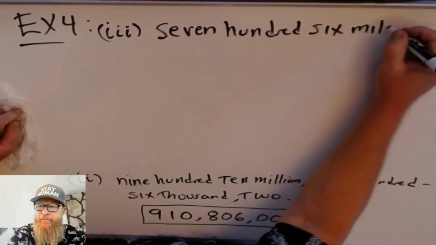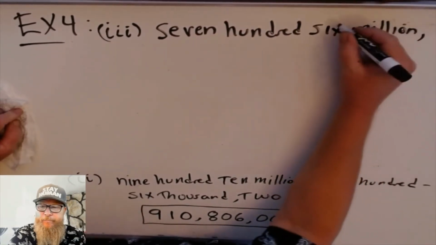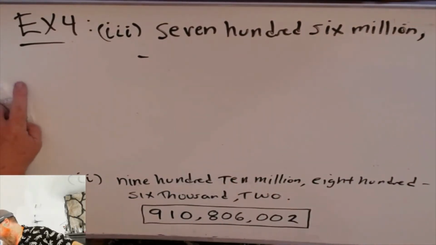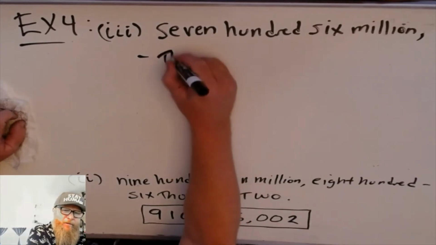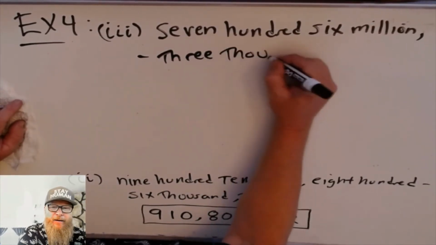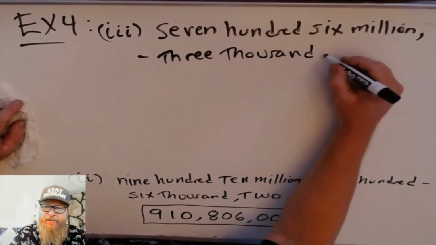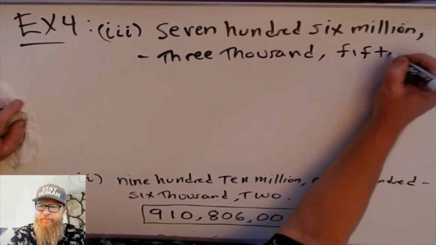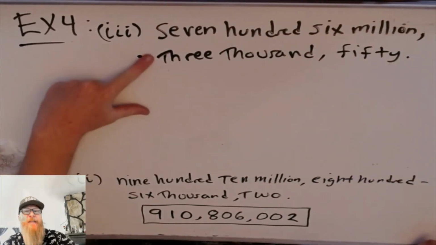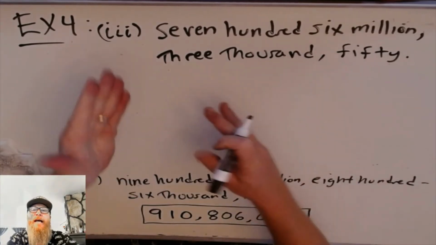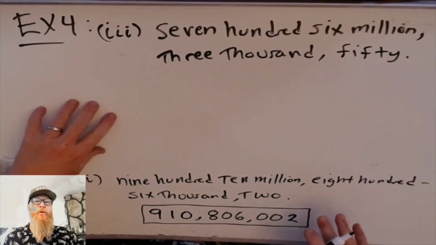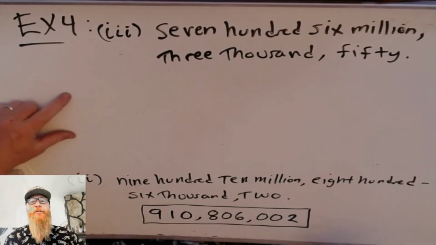706 million. Again, I could put a comma or I could put a dash. $3,050. Okay, and again, this dash doesn't need to be here. It could just be a comma or a dash, or the word form is a little bit flexible in how you break it up with commas and dashes and things like that.